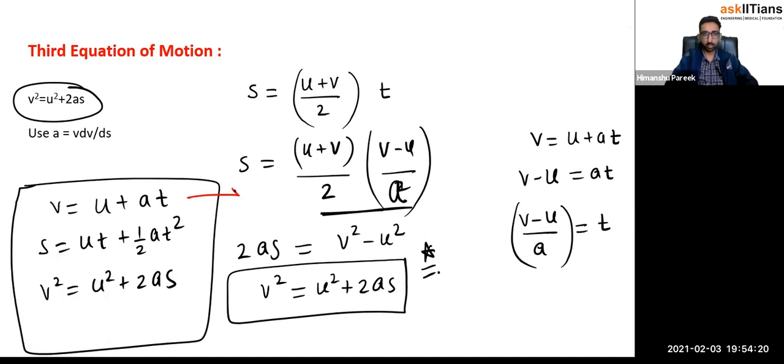If the question is talking about the final velocity and the time, go to equation number 1. If the question is talking about displacement and time, go to equation number 2. If the question is talking about final velocity and total displacement, go to equation number 3. That's how you should identify which equation to apply in which question.